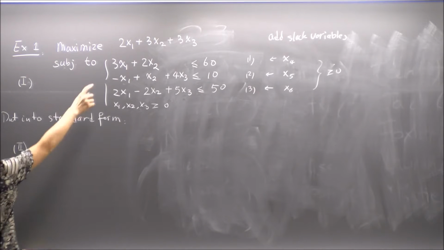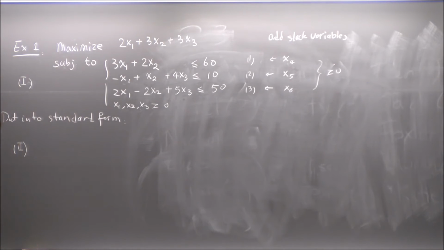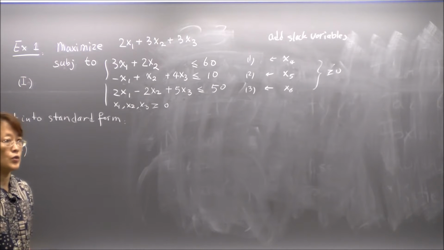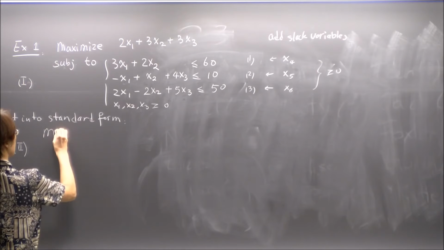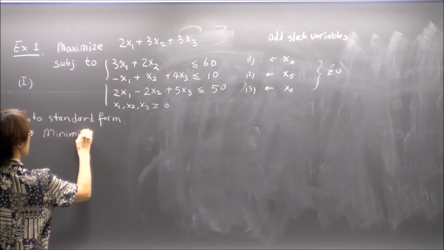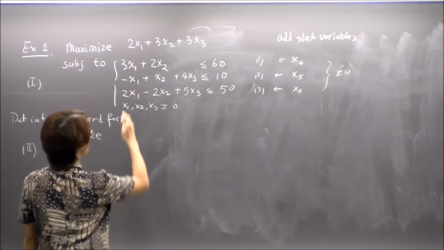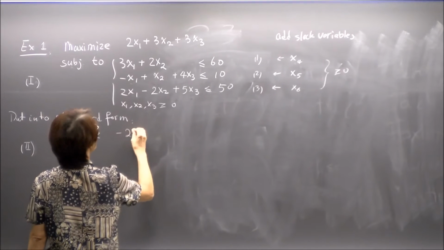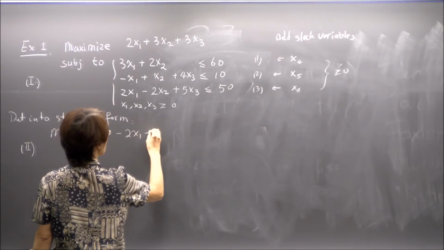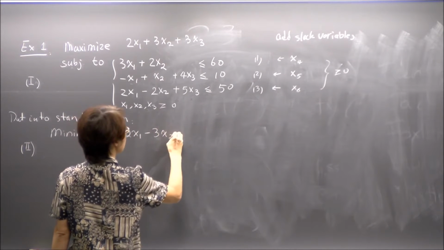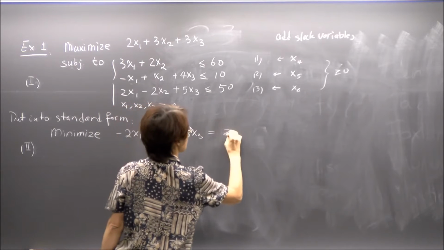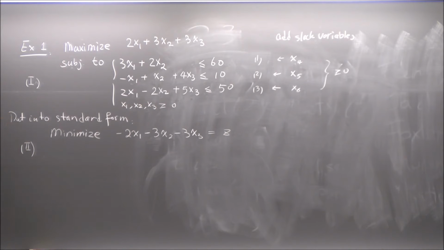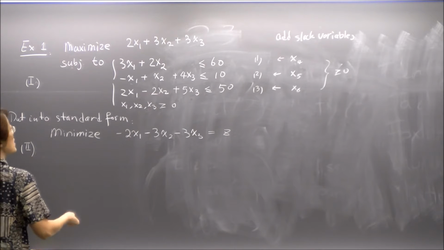So the standard form, first step, the maximizing shall be changed into minimizing, right? That's the standard form. So minimize. I just change all the coefficients to carry the opposite sign, the negative of the whole thing, and let's call this z. Okay, that's our notation.